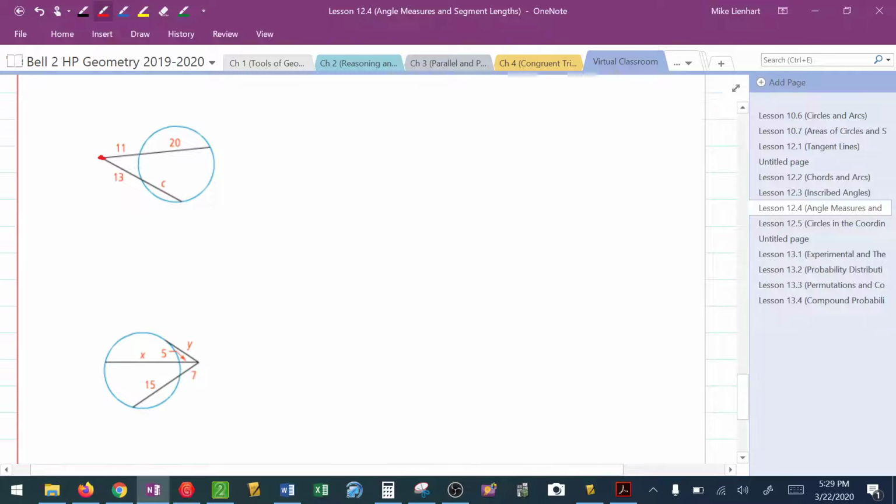I'm going to measure to the circle, 11, and then to the other side of the circle, which would be 11 plus 20, and that equals to the circle, 13, times to the other side of the circle, which would be 13 plus C. All right, so I get 121 is equal to 121 plus 220 equals 169 plus 13C. This is the algebraic equation I have to solve.